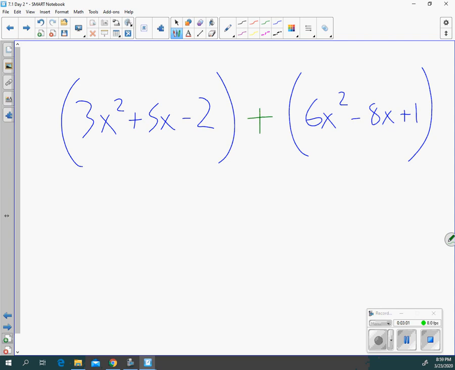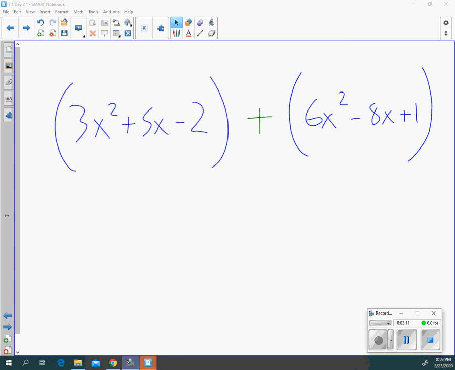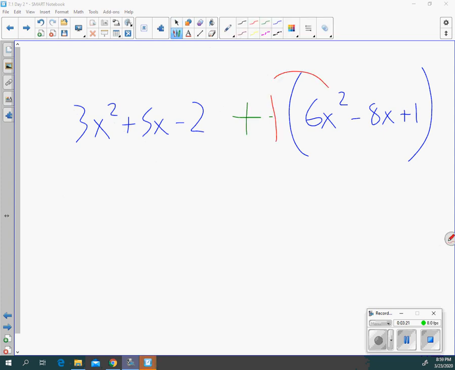If I'm adding, like I just said, you can completely disregard the plus sign. And really, I'm just actually going to do this. Let me remove the parentheses. Because really what I'm doing is I'm going to be distributing out a 1 to each one.